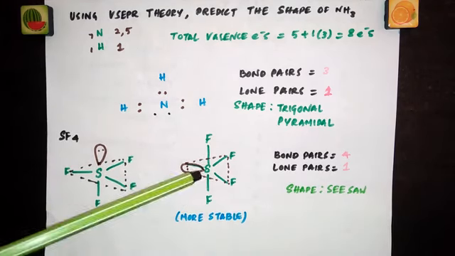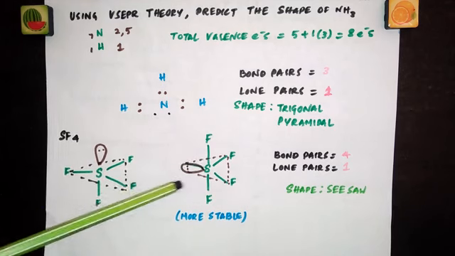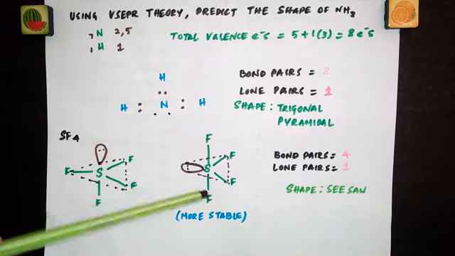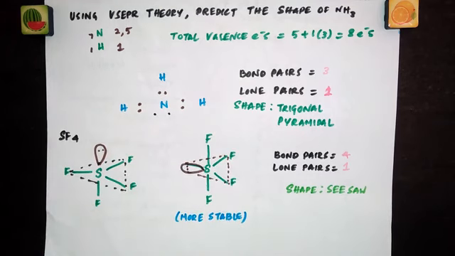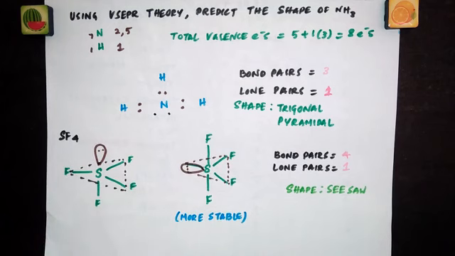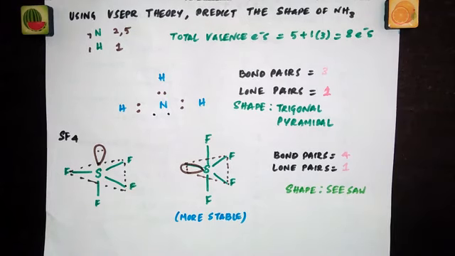Now look at this structure. If the lone pair is at the equatorial position, there are only 2 lone pair bond pair repulsions. So this structure will be more stable because here more repulsions are there, here only 2 repulsions. So this is the preferred structure and this will be the more stable structure for SF4. So this is how we predict the shape of molecules based on VSEPR theory.